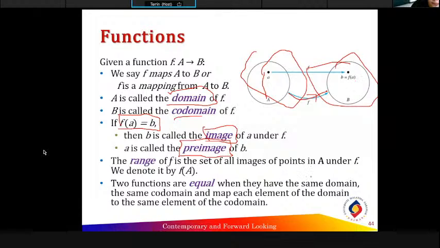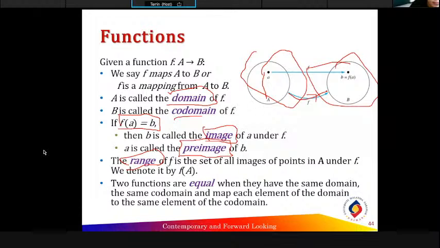Now, not all the elements in B would be an image. When an element in set B is assigned a pre-image, it becomes an image, and the list of elements which are images denotes what we call the range.